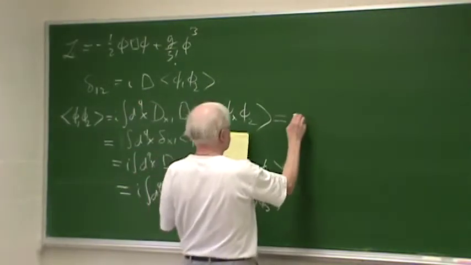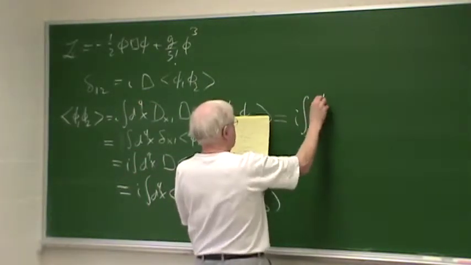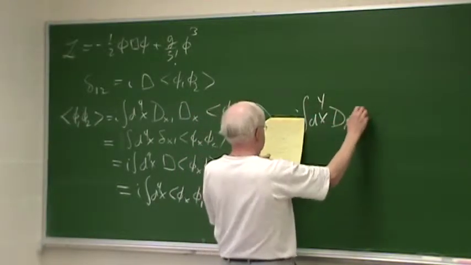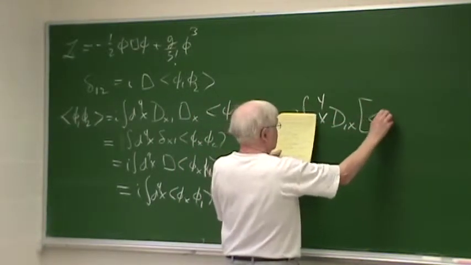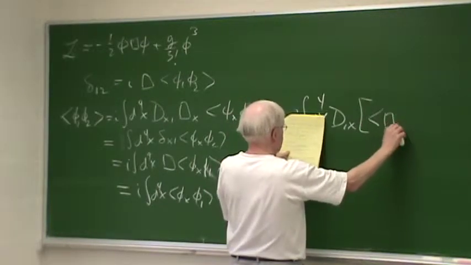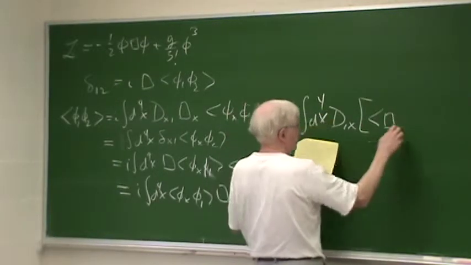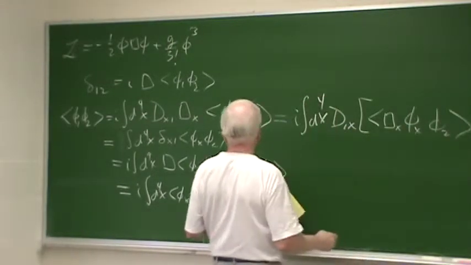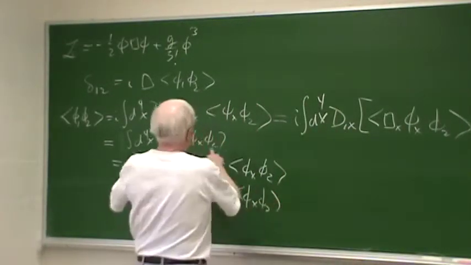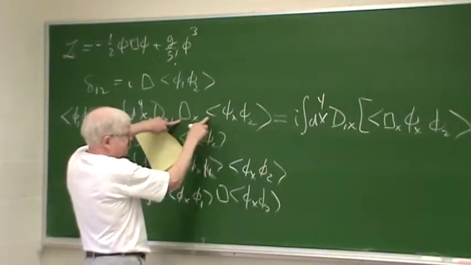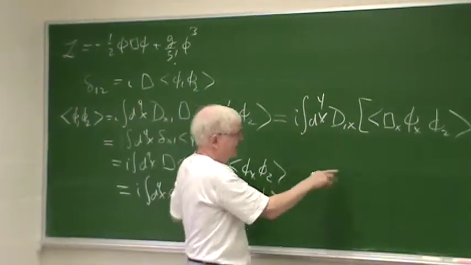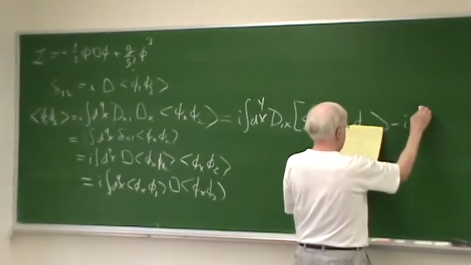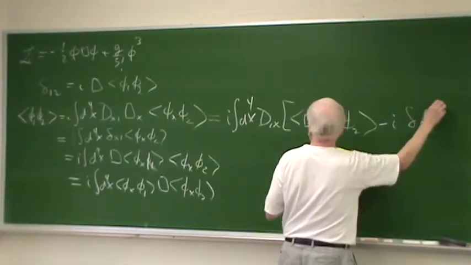We had a previous expression for that, so if we go back and use that, we have Delta(1x), and so this can be box_x <phi(x) phi_2>. Well, this is just when you move the box through the time-ordered product, you move it through, but then you have a contact term that you need to subtract out.